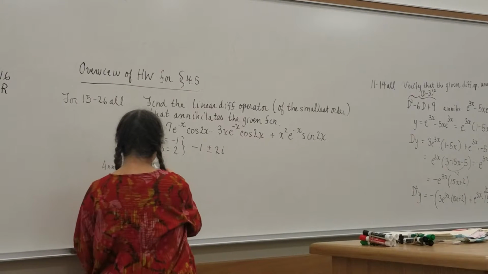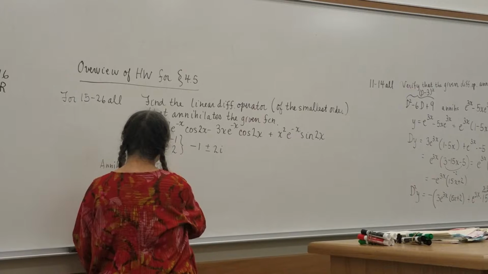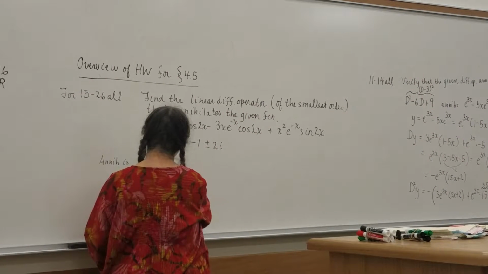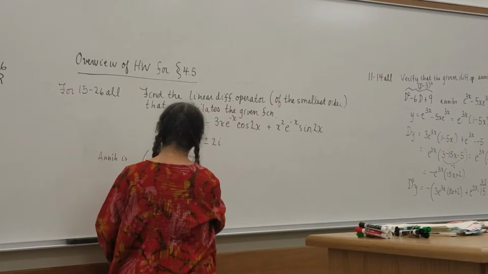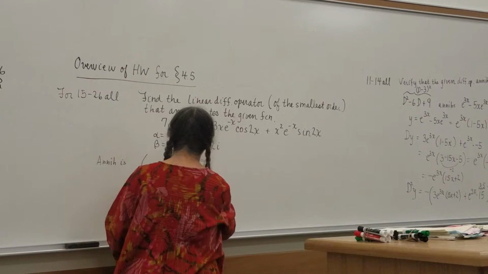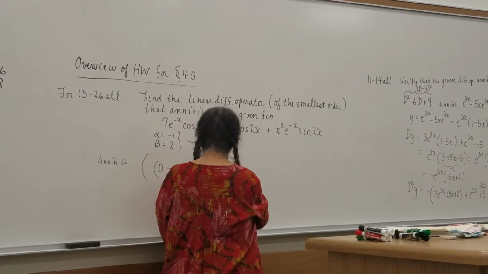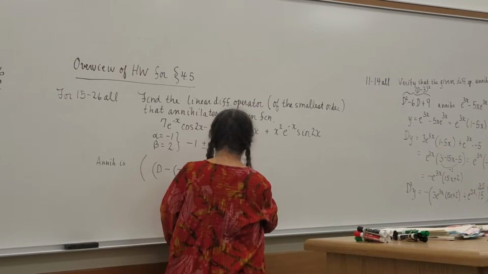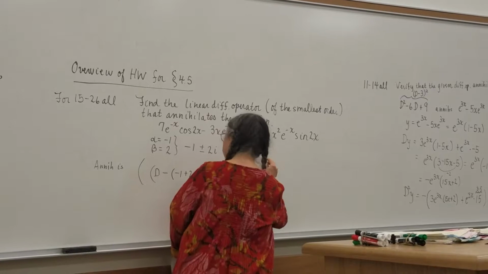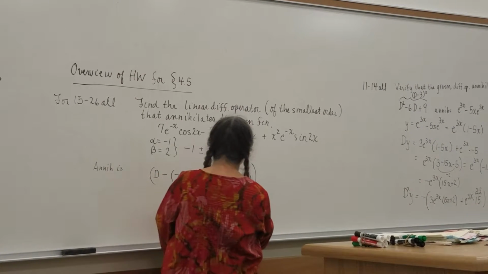So the annihilator is going to look like this. It's D minus, minus 1 plus 2i, and then D minus, minus 1 minus 2i, and you're going to need to cube, I think I wrote it like this in the table.